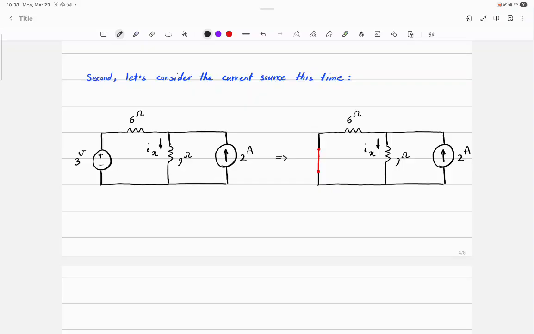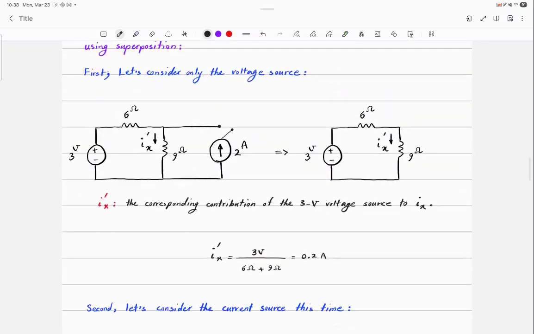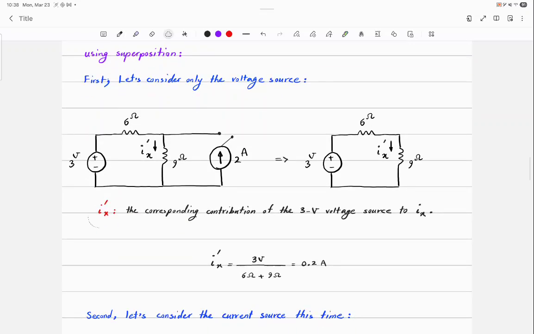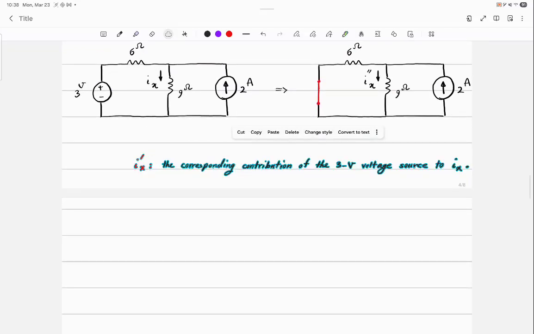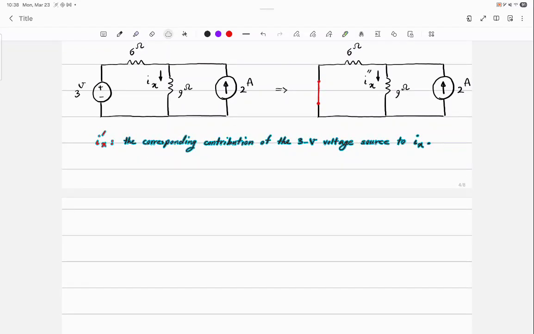I double prime, for example. I don't feel like writing this again, so I'm going to add this double prime here.